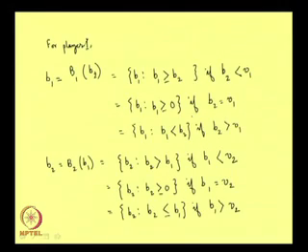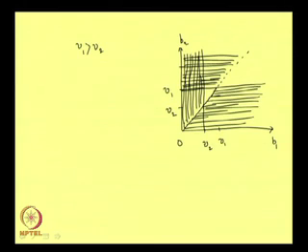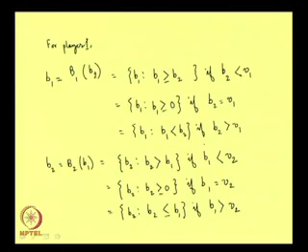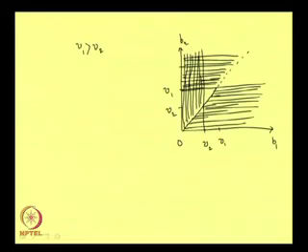Secondly, if B1 is equal to V2, B2 can be of any value. This is the vertical line. And if B1 is greater than V2, B2 is less than or equal to B1. So, this line is included.